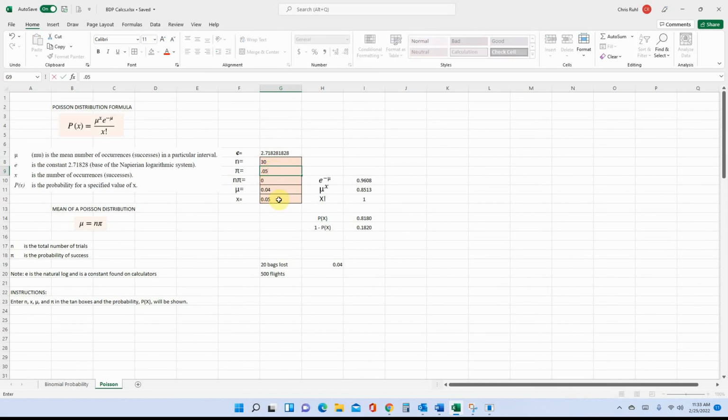That would be pi, not x. So 30 years times 0.05 gives you a mu of 1.5. That's going to be our average. So I'm going to put that in there.